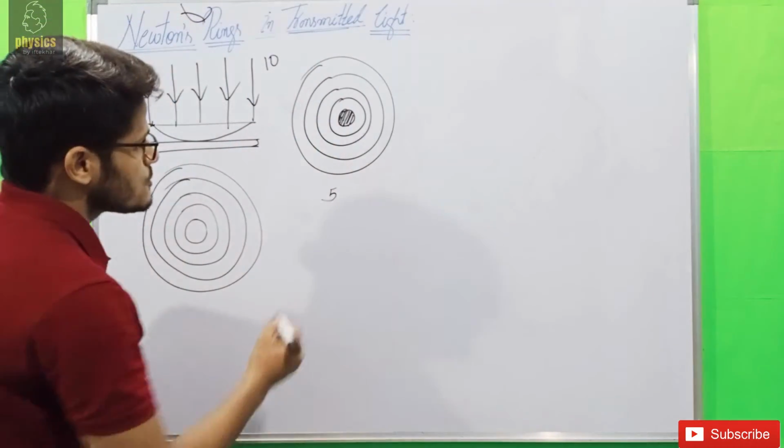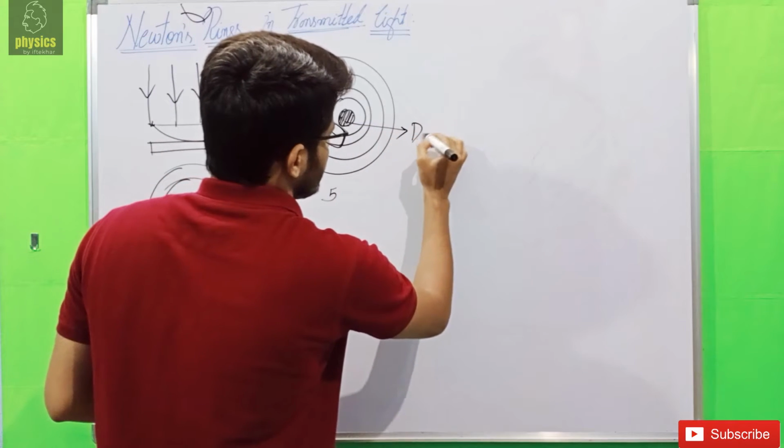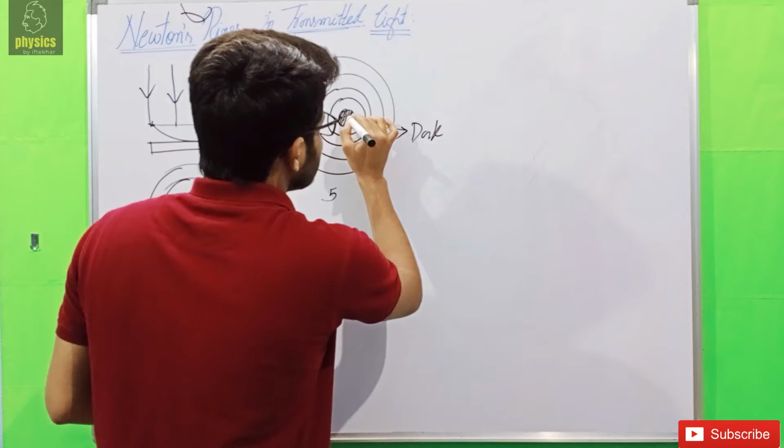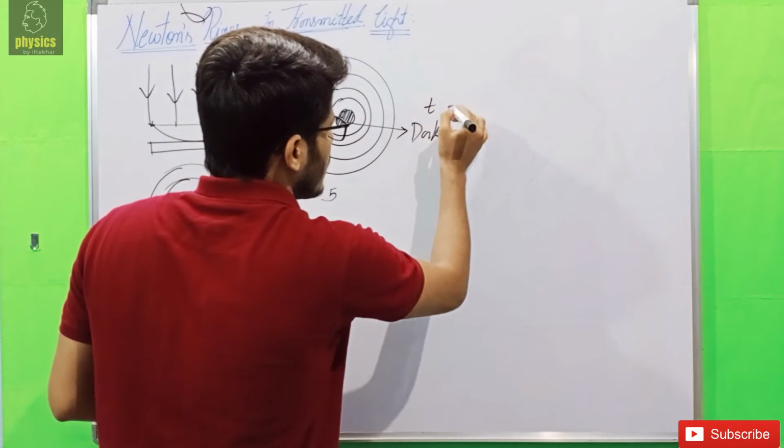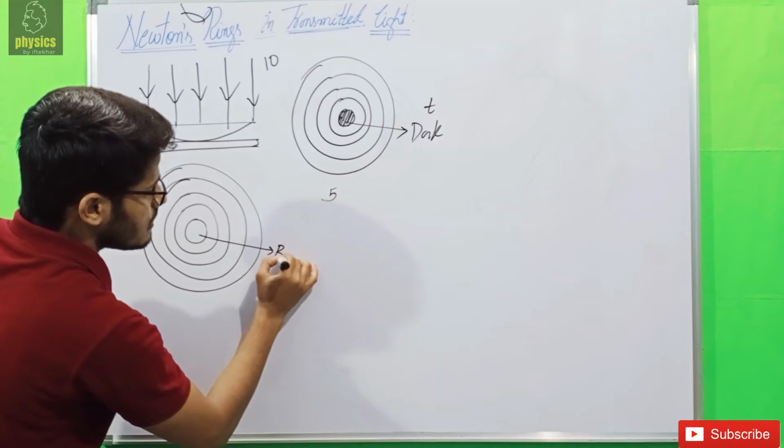Why? Because if at this particular thickness you are getting a dark here, that particular thickness is satisfying a bright there.